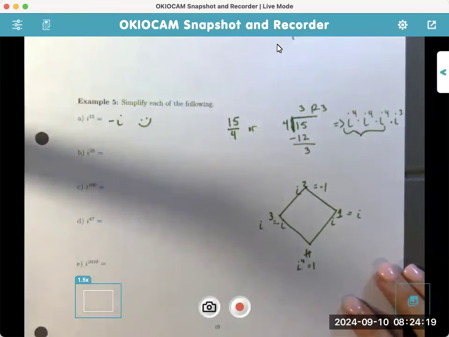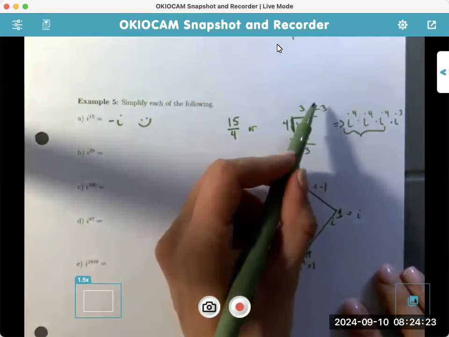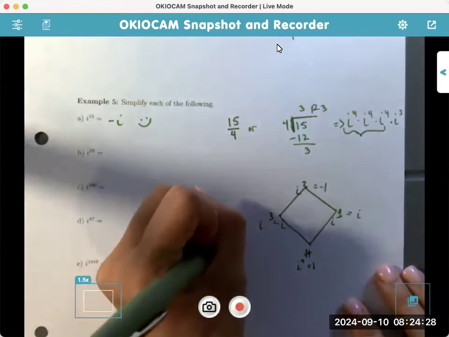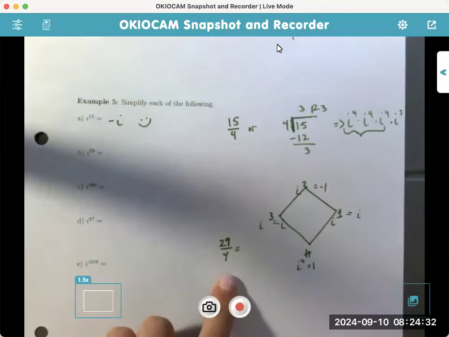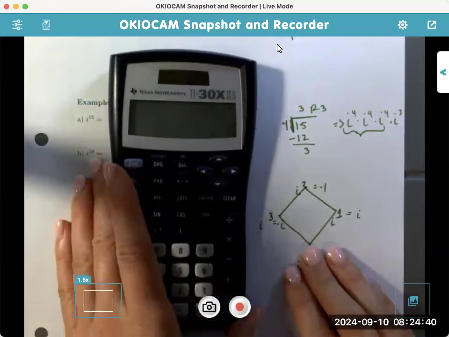Okay, so thinking of it this way, you think using the remainder example. So i to the 29th, so 29 divided by 4 is equal to, sorry, let me grab my calculator. Can you see that?